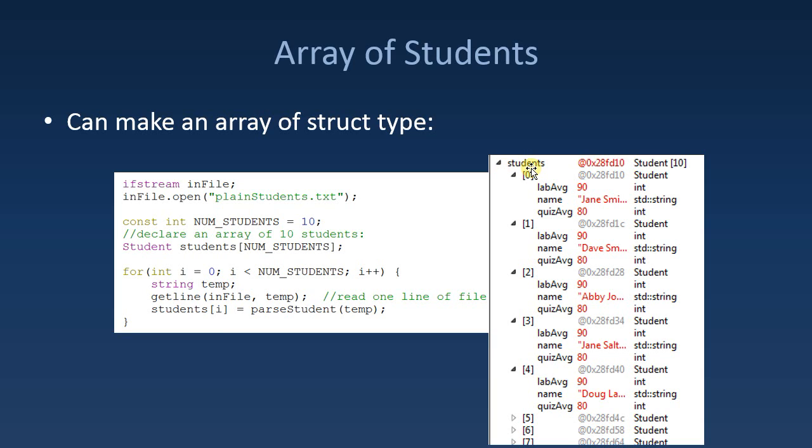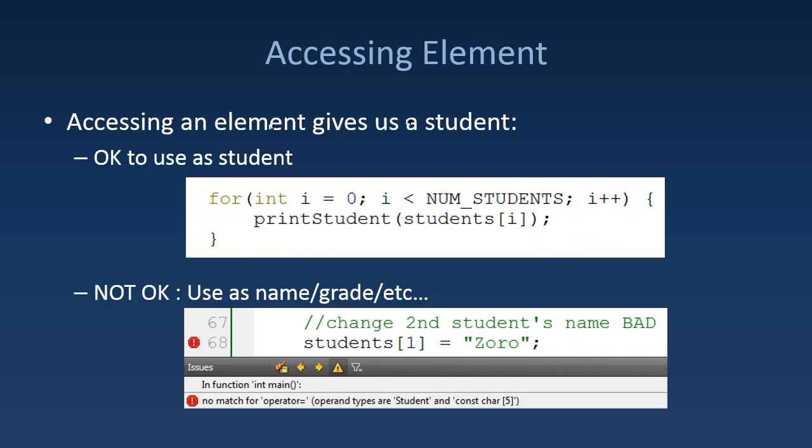And so students would be an array. It would have 10 slots. Each slot would consist of a student. So if I want to go access, say, the name or the quiz of this first student, I'd have to say student 0, go do something.